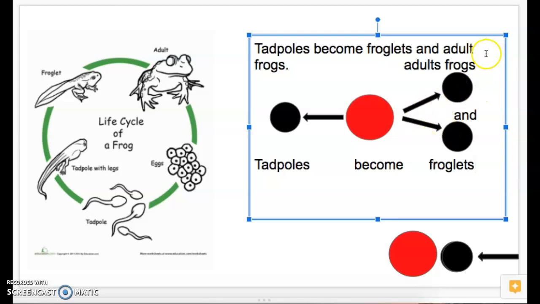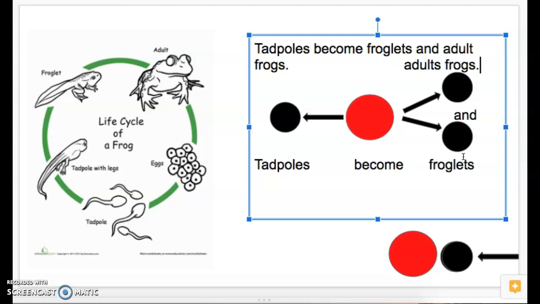The reason I put them in a different order is because we can transpose either one of our things receiving the action. Tadpoles become froglets and adult frogs. Tadpoles become adult frogs and froglets. It still holds the same meaning within our sentence, and we can put those in either order.